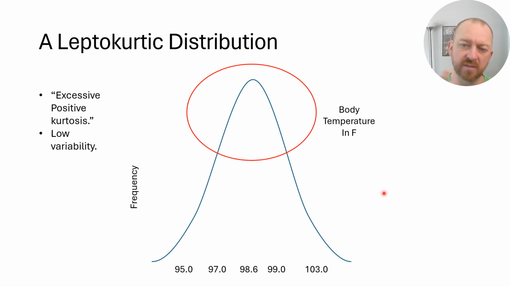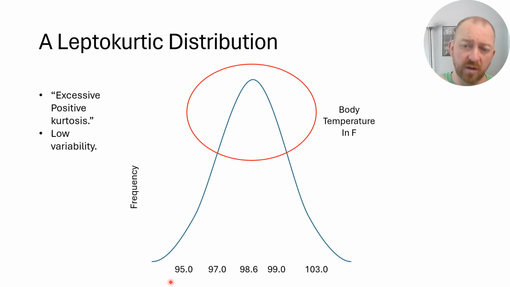Once you start to vary outside of those, you start to get ill. Anything above 99 is basically a fever, and anything below 97 is starting to get dangerously low. You're not quite in hypothermia, but you're starting to get ill in that way. And so that's the issue here: if there's a very limited number of options you can have on the variable, it's likely that you would find a leptokurtic or relatively leptokurtic distribution.